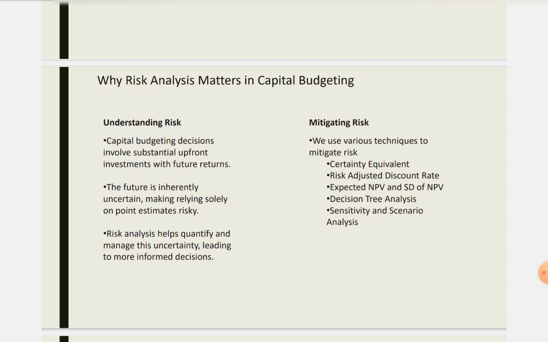Some of the techniques that we can use and we're going to look into are shown here: certainty equivalent, risk adjusted discount rate, using the mean and standard deviation techniques, decision tree analysis, sensitivity analysis, scenario planning. The idea behind this is not to get any certainty.